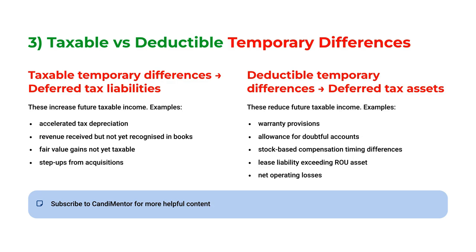Deductible temporary differences, deferred tax assets. These reduce future taxable income. Examples: warranty provisions, allowance for doubtful accounts, stock-based compensation timing differences, lease liability exceeding ROU asset, net operating losses.